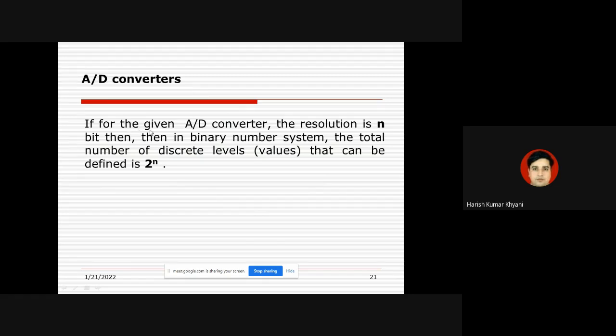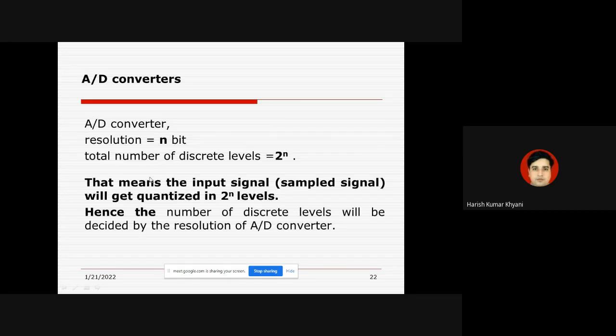So suppose we have given an A to D converter and the resolution is n-bit. Then in the binary number system, the total number of discrete values that can be defined is 2 to the power n. For example, if we have an input signal, then we will get the quantized value as 2 to the power n levels, where my resolution is n bits. Hence, the number of discrete levels will be decided by the resolution of the A to D converter.